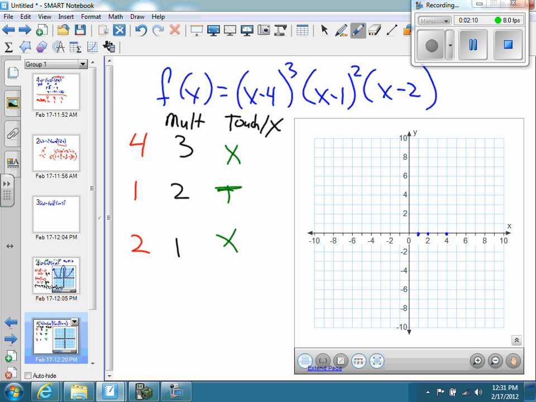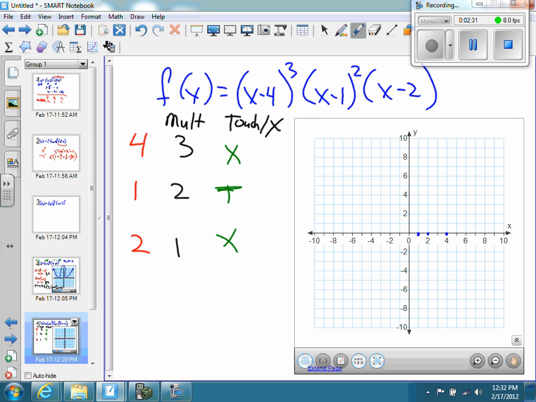I think what you're thinking is that this is x squared minus 1 as opposed to x minus 1 squared. Because x squared minus 1 would be x plus 1, x minus 1. That's correct. But you have to look at the problem carefully. Okay? So those are our 3 intercepts.